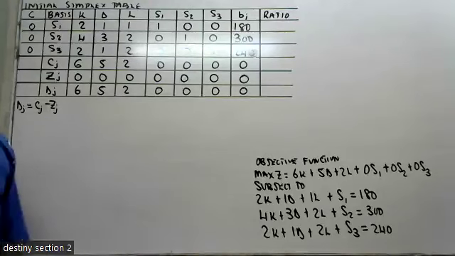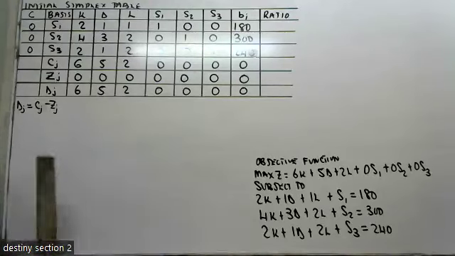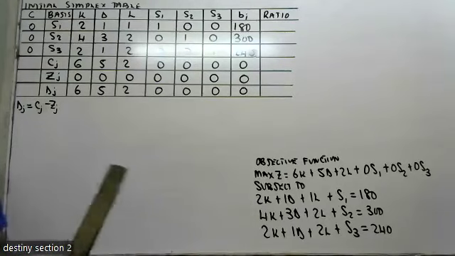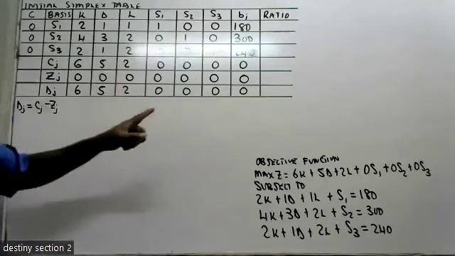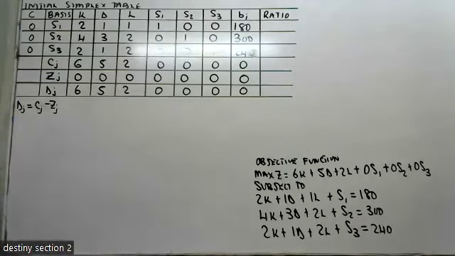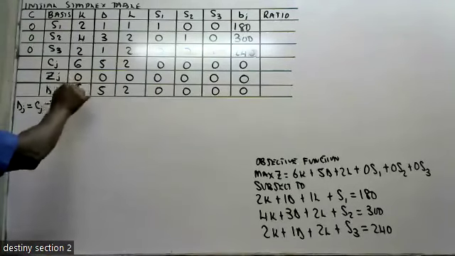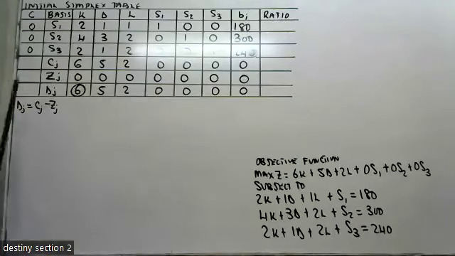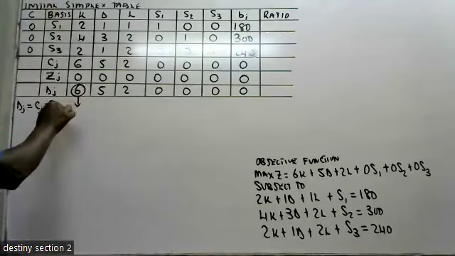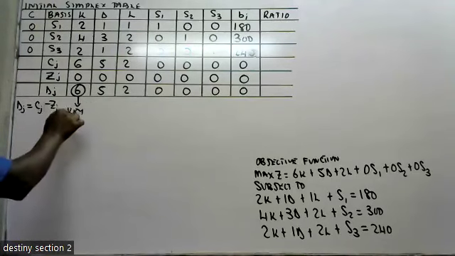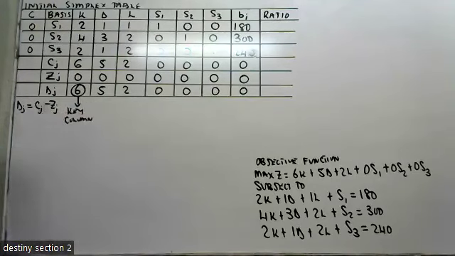After you have done that, you identify the DJ that is the highest positive. So this is the highest positive, and you mark it that way. Where we have found it, this column is called the key column.